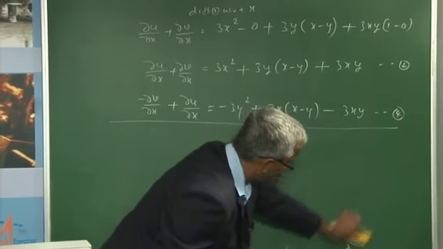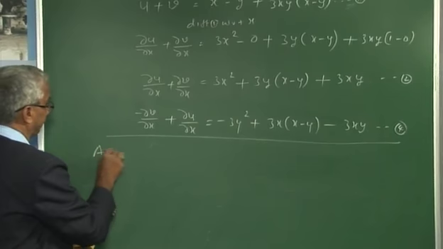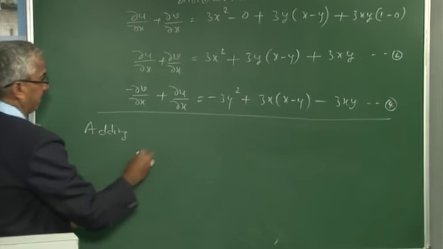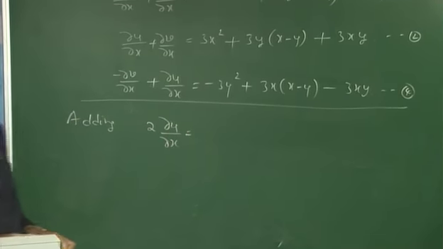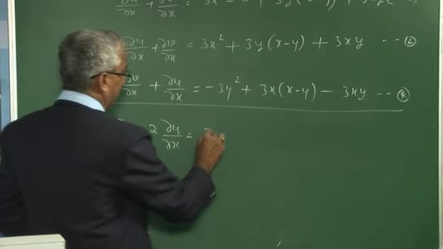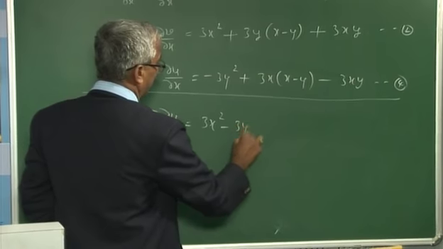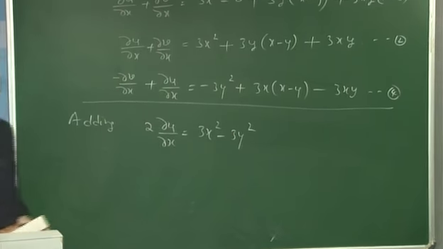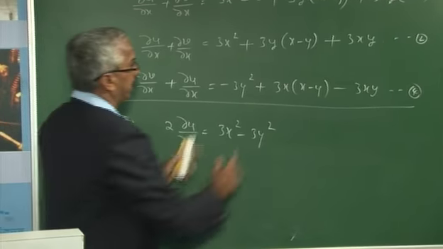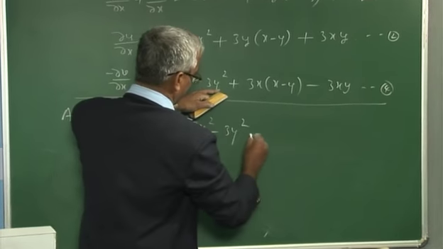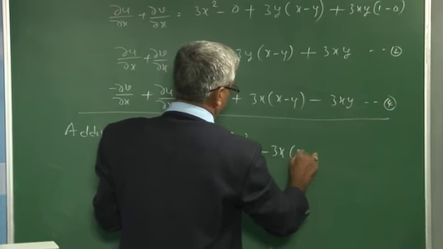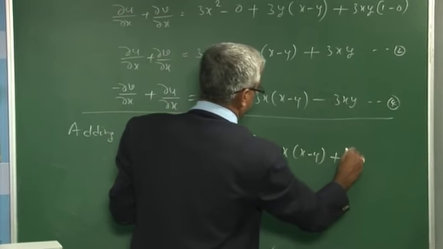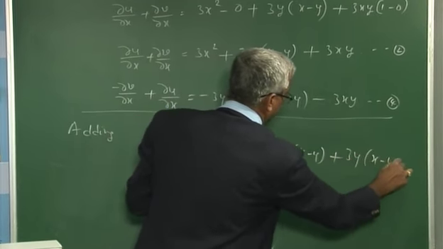What is that result? Adding, we get that 2 times dou u by dou x is equal to, if I am adding this one, 3x squared minus 3y squared. Then minus 3xy plus 3xy get cancelled, plus 3x into x minus y plus 3y into x minus y.